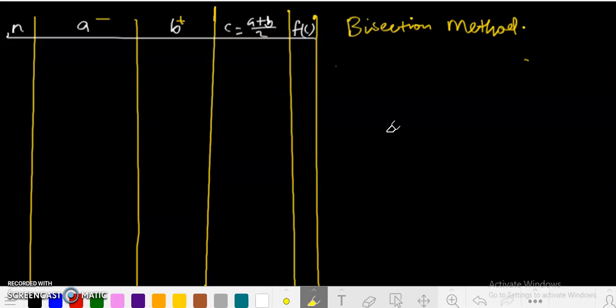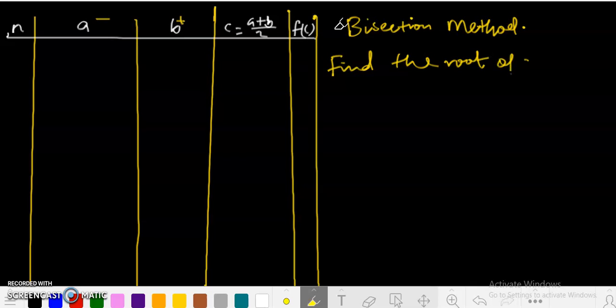Remember that the given equation, we are to find the root of the equation, and the equation is given by x cubed plus 6x minus 3 is equal to 0.